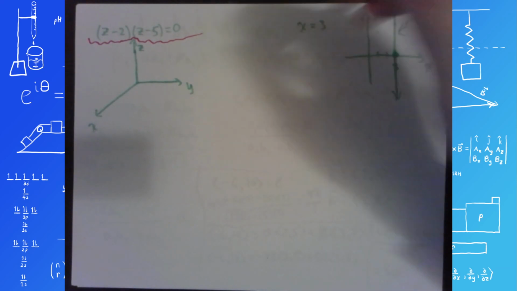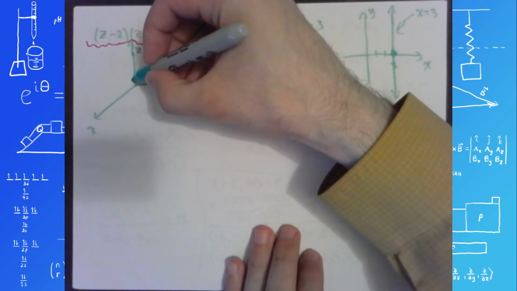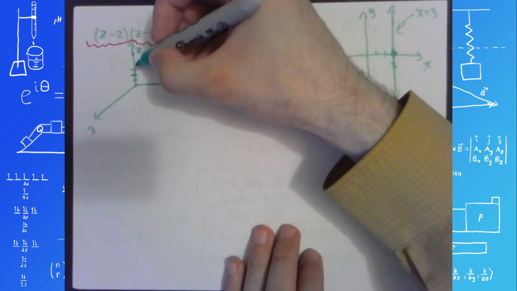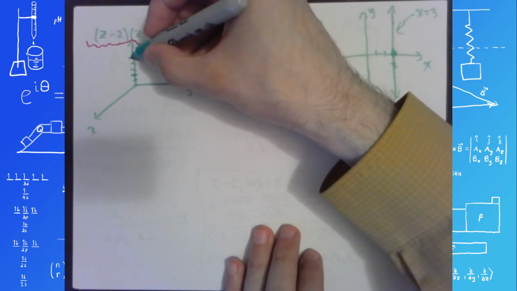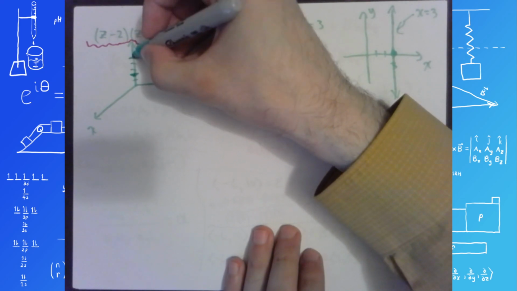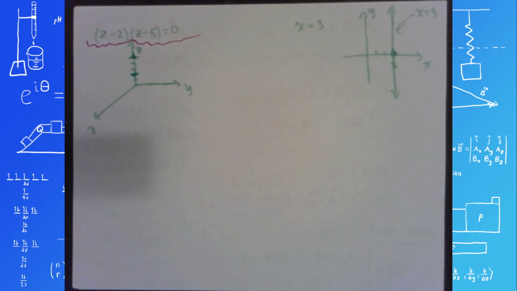And let's see, so we're looking at z equals 2 and z equals 5. Z equals 2, let's say 1, 2, 3, 4, 5, like that. And let me actually use different colors here. Okay, all points where z equals 2 and all points where z equals 5.